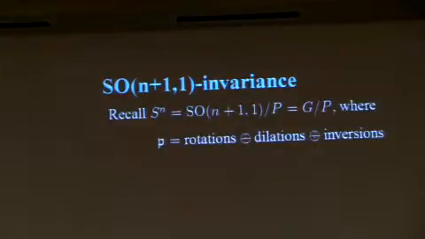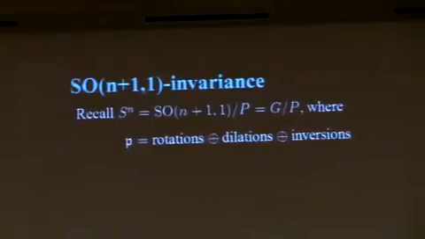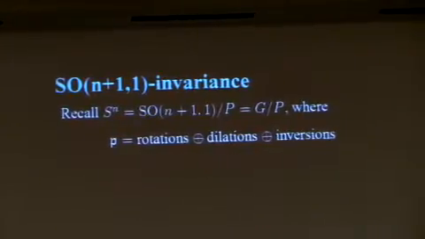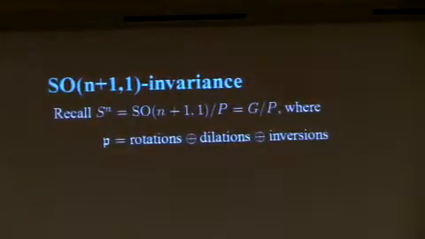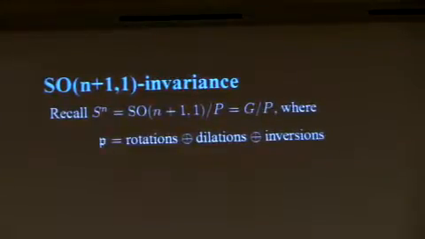Now, if you look at what P actually is, just at the Lie algebra, remember that the group of conformal transformations, that's SO(n+1,1), has a Lie algebra consisting of rotations, dilations, inversions, and translations. If you want the stabilizer of a point, you should throw away the translations.